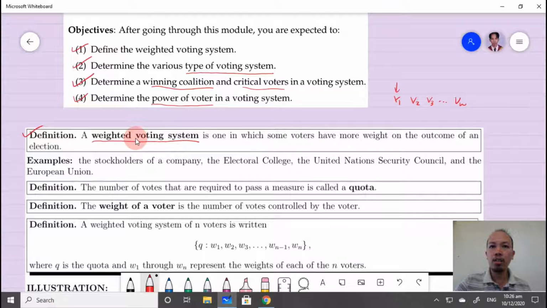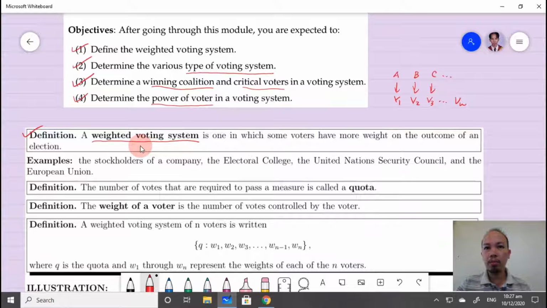You can associate these as voter A, voter B, voter C, and so on. Just imagine it that way.